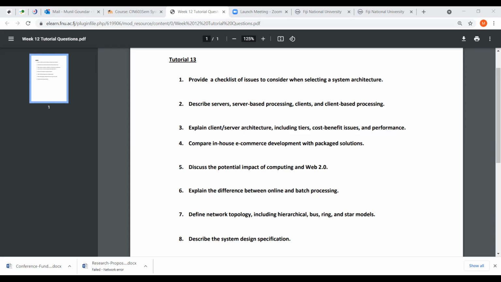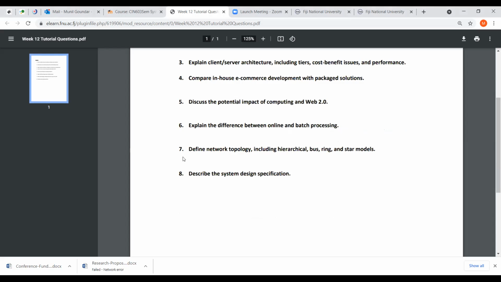Question number 3 reads: explain client-server architecture, including tiers, cost-benefit issues, and performance. So over here, we have a bit more to write, okay?